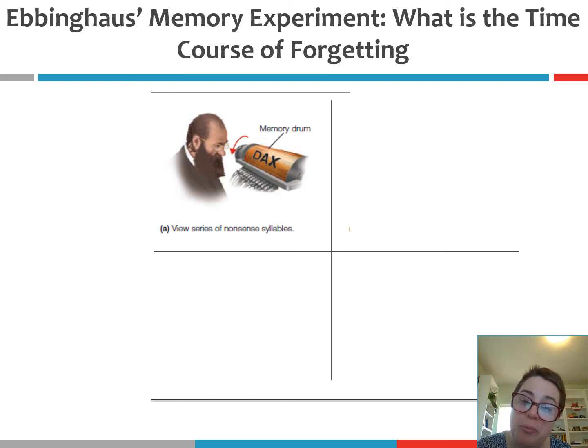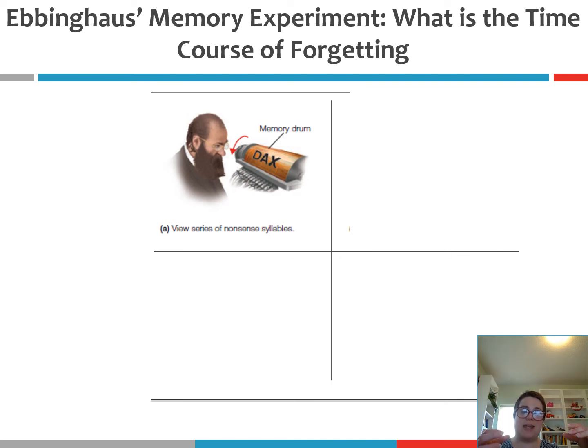Those are pronounceable like words, but they have no meaning attached to them, which means we have no prior association with them. So it's basically the purest memory probe that he could get, because there's no prior association. We have no prior learning or memory of this information. So what Ebbinghaus did is he used what's called a memory drum.